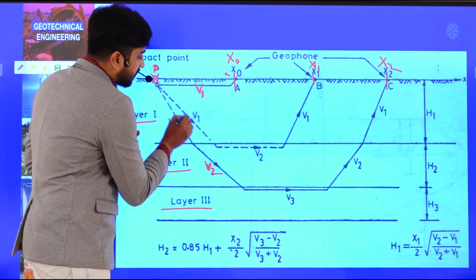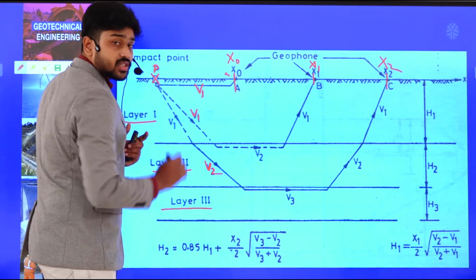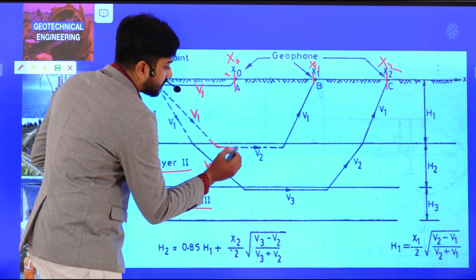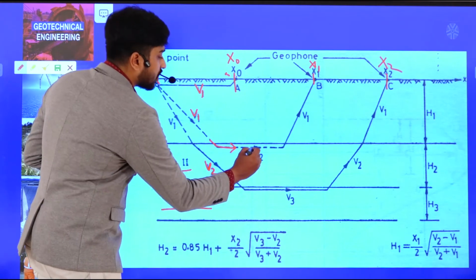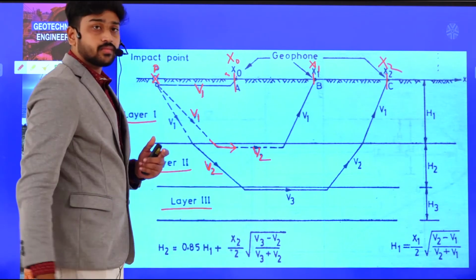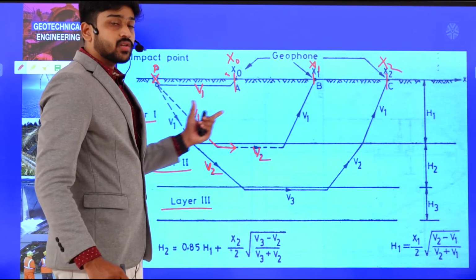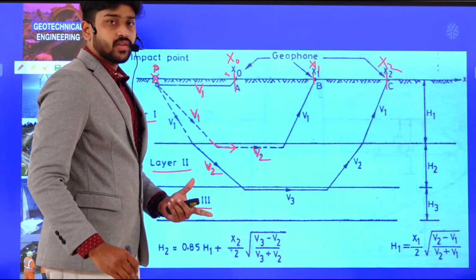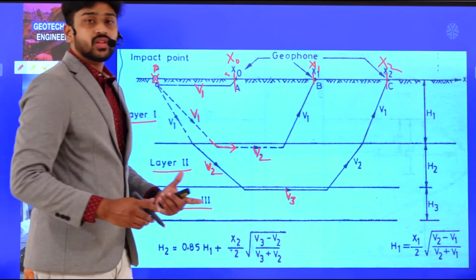The wave traveling here is also v1, because it is passing through the same soil, but later it enters a different material, so its velocity is v2 here, and it is recorded after a certain amount of time. Because of the change in time we can understand these velocities, and similarly let v3 be the velocity of flow through the other layer.